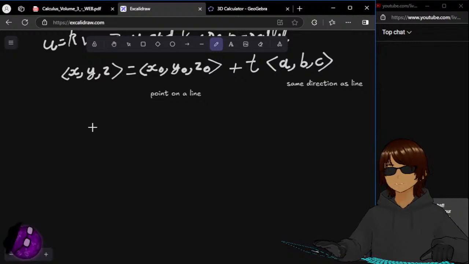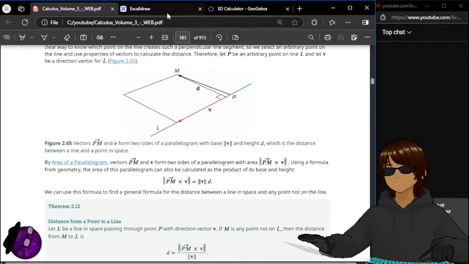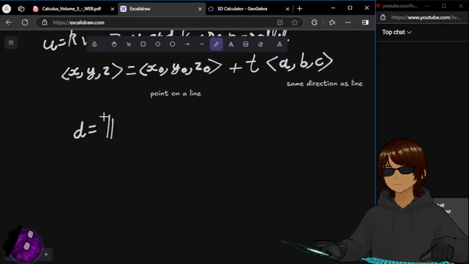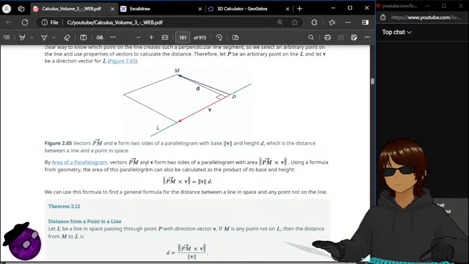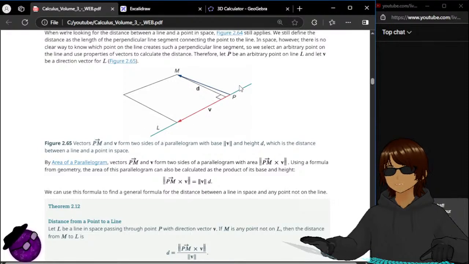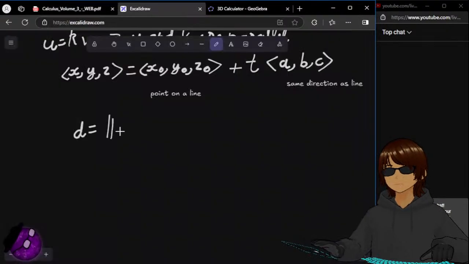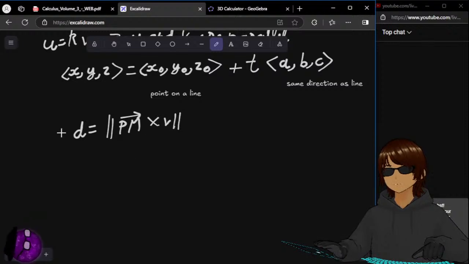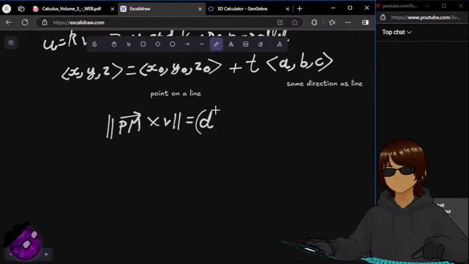So the closest distance from a point to a line would be, with P and M, PM cross V gives the area of the parallelogram, divided by the magnitude of V. So D equals the magnitude of PM cross V over the magnitude of V.